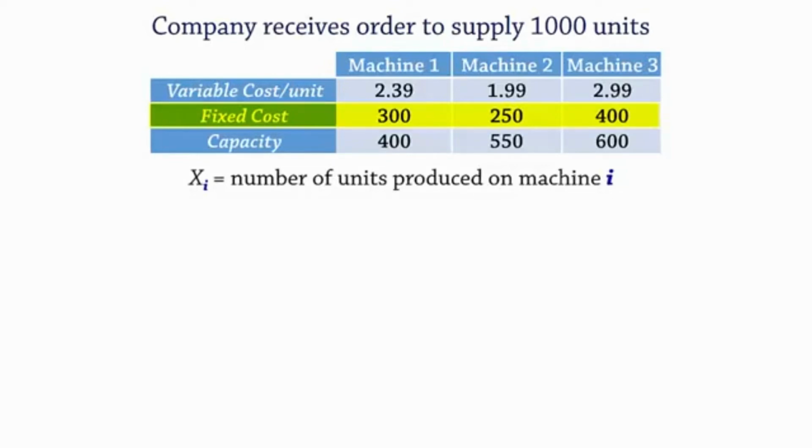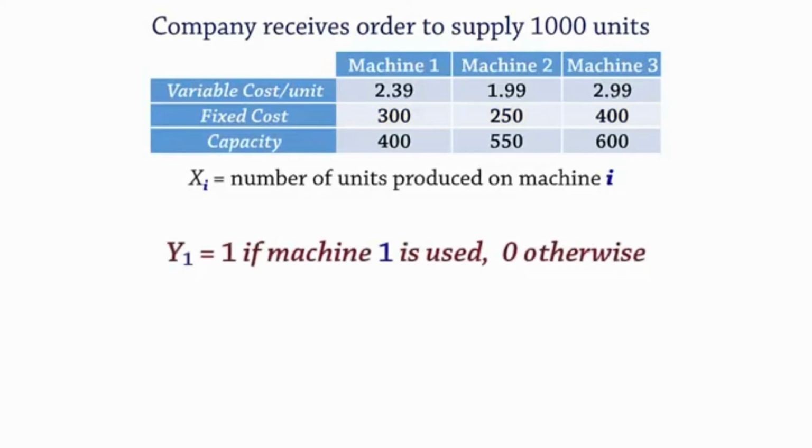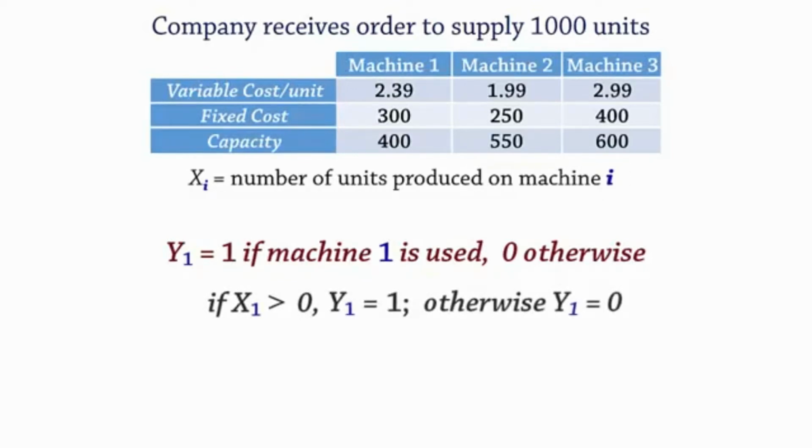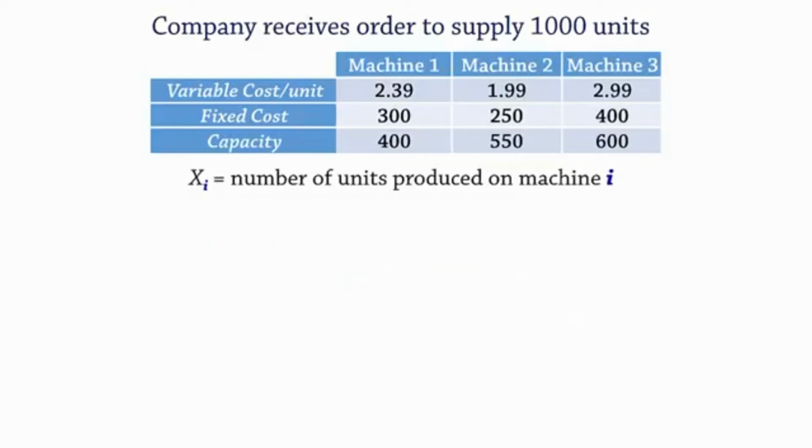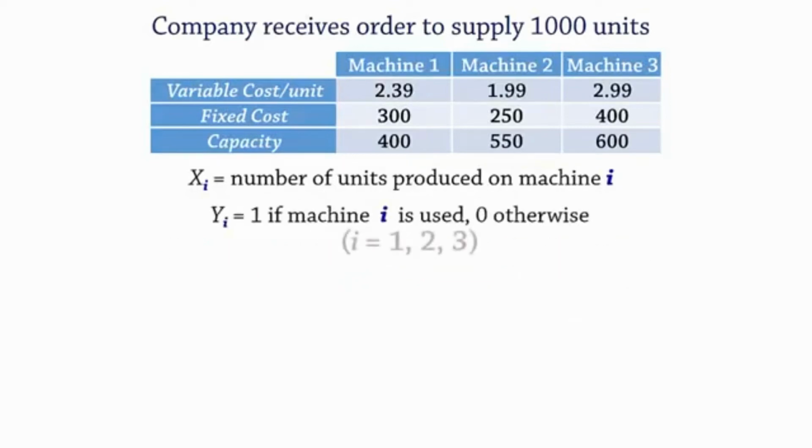For machine 1, we can write y1 equals 1 if machine 1 is used, 0 otherwise. That is, if x1 is greater than 0, y1 equals 1. Otherwise, y1 equals 0. For all 3 machines, we write yi equals 1 if machine i is used, 0 otherwise.